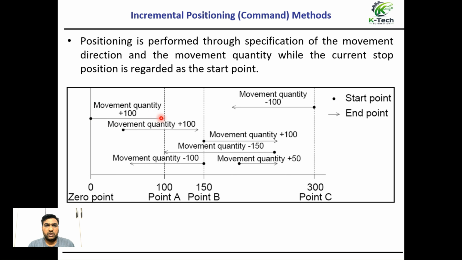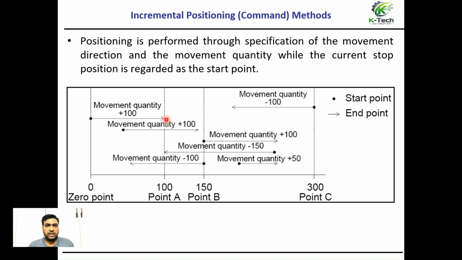If you give another 100 mm command, it will again move 100 mm. The last point will be considered as zero. Every time the last value is considered zero, and according to that it will move.